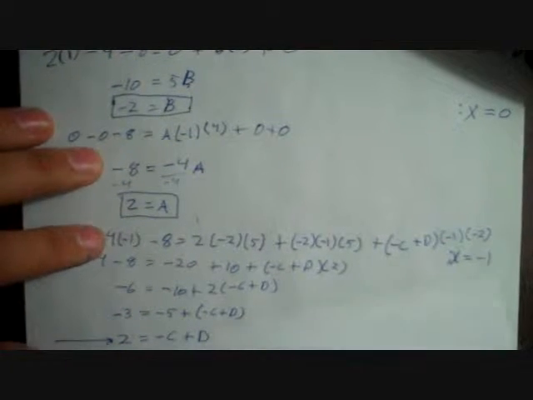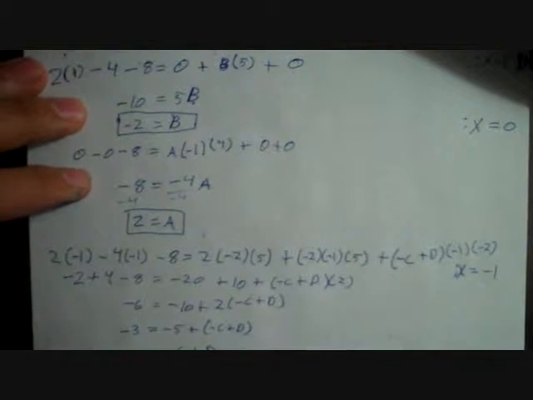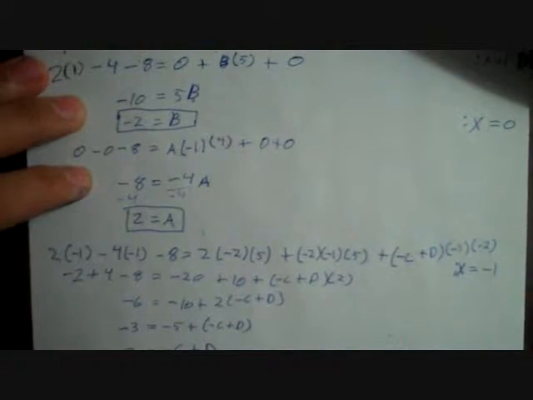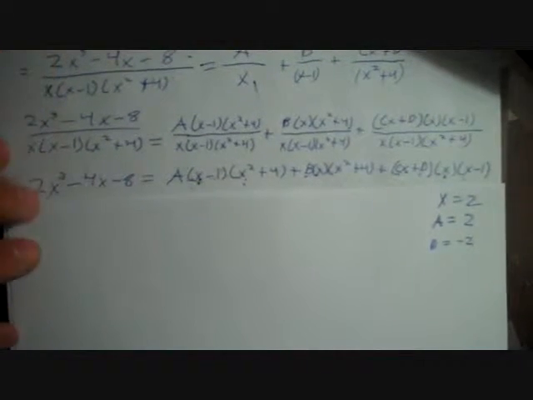So now we need to make another relation. So we're going to do that, only instead of -1, let's pick another convenient value of x equals 2. Okay? So if x equals 2, a equals 2, and b equals -2, which we've found here. Let's plug them all into our original equation here.